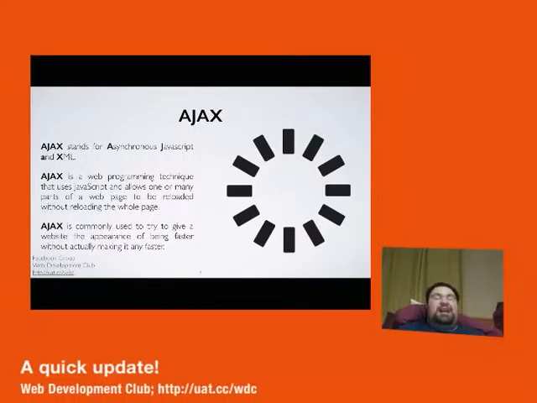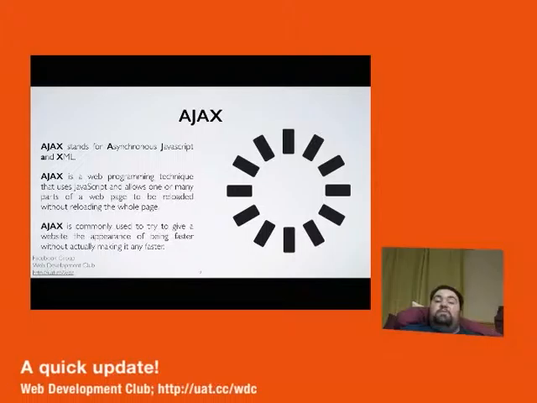AJAX is a way or a technique of programming that used to be limited just to JavaScript, but more recently has been used and copied by lots of different programming languages: PHP, Ruby, JavaScript, Python, loads of other languages, Perl or CGI as it's sometimes called.